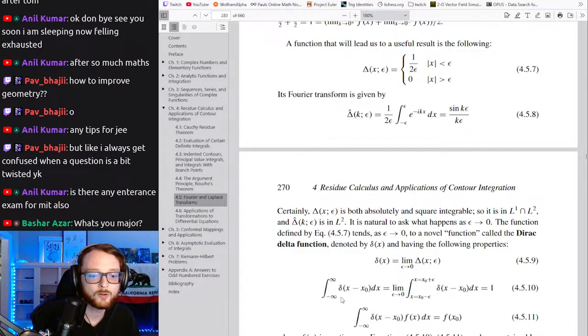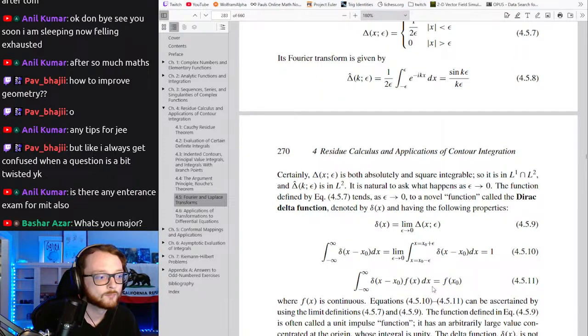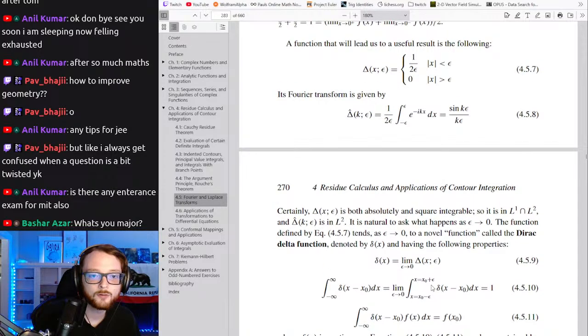The integral from minus infinity to infinity of this function shifted by some amount is equal to... my major is applied math. Isn't this also like a probability density function? I was thinking this as I was reading this the first time. This would be like a uniform distribution.